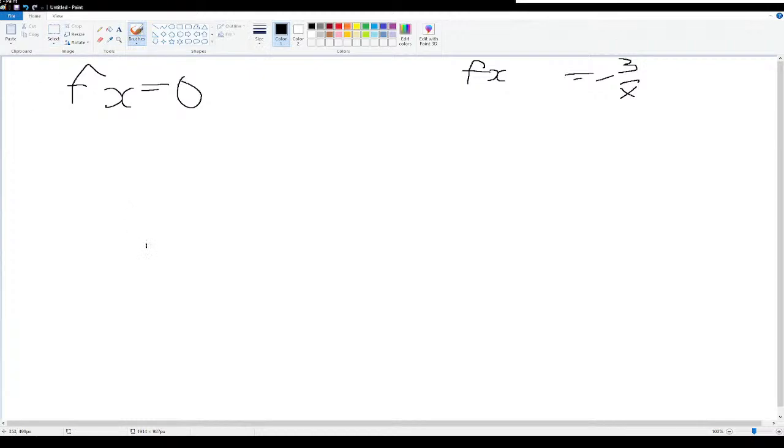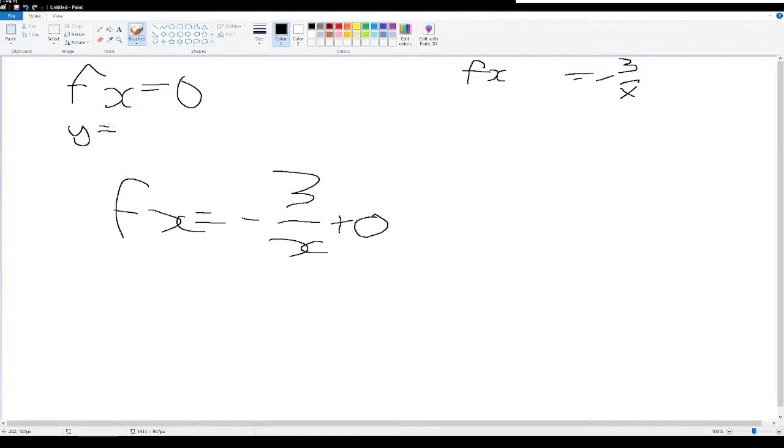I think I know what I did wrong. So if y equals negative 3 over x plus 0, this is if we want to find the y asymptote.